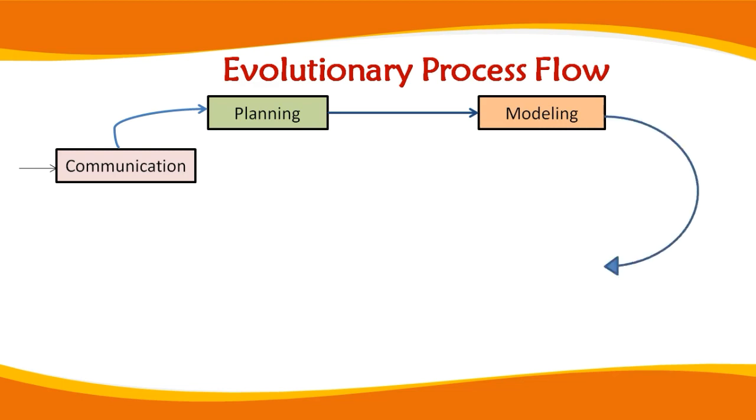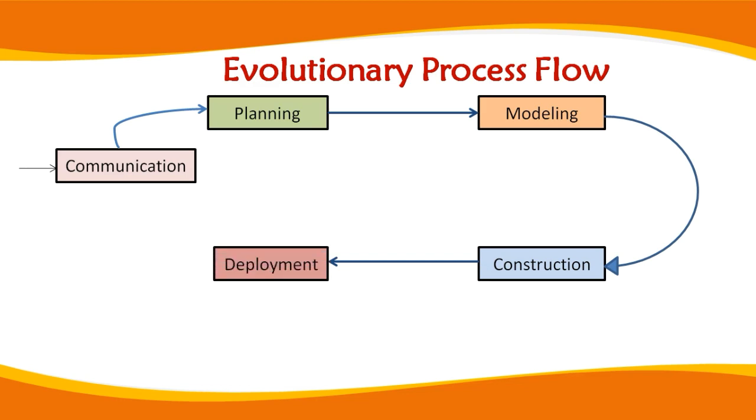After that they try to construct the project. By writing the code, they are going to test the project. Once that is done, they deploy the project, that is, the product is delivered to the customer. Then the customer is going to enhance or add more features to that product. So this becomes an incremental release.